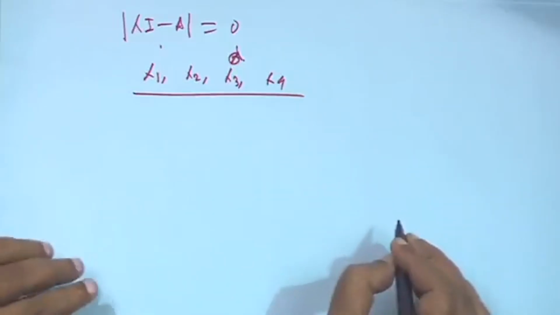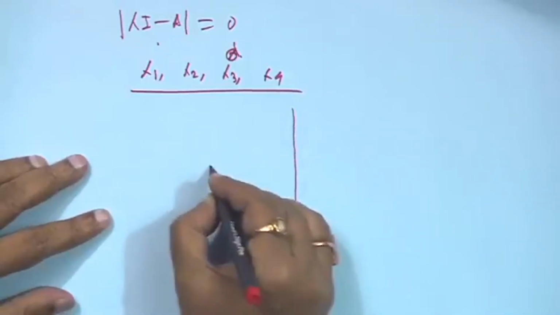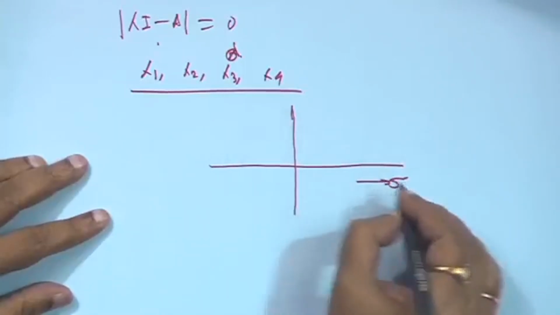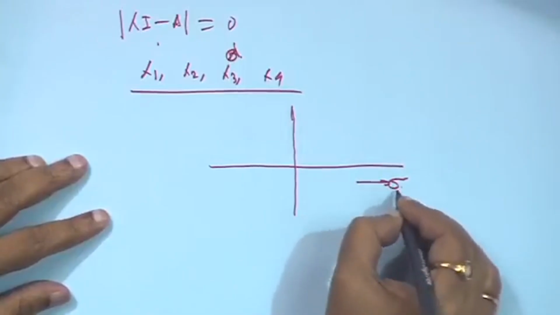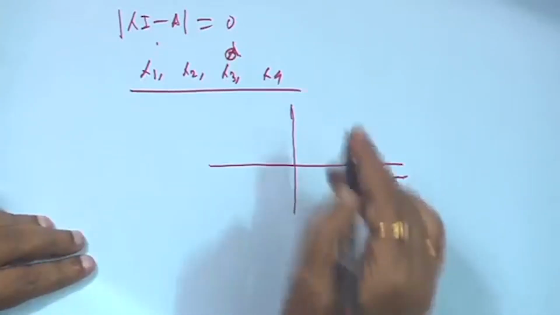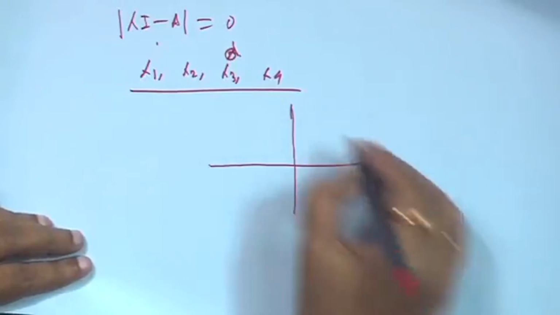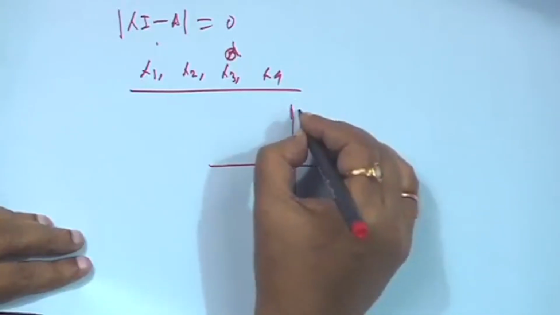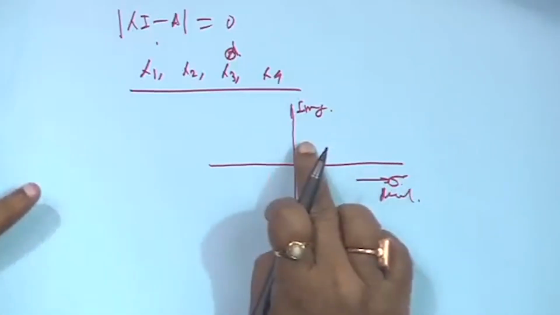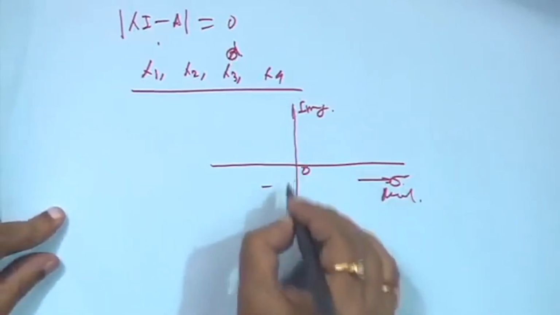There are 4 eigenvalues. They may be real, or pairs of complex conjugates, we do not know. But for the sake of understanding, the first thing is that the real parts of all these eigenvalues will lie on the left half of the S plane. This axis is the real part, sigma, and this side is the imaginary part, omega.